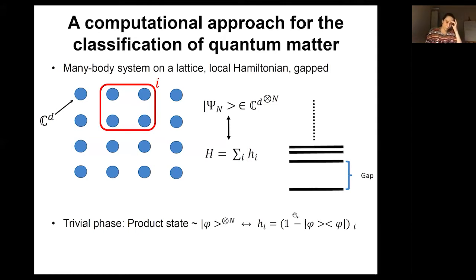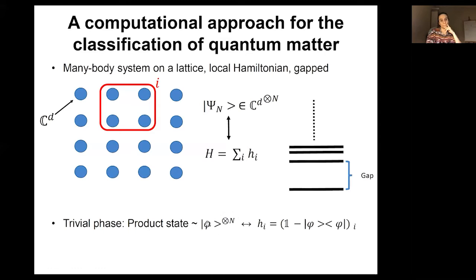When we want to classify things, whatever they are, we need an equivalence relation, which I will come to in the next slide. But let me first define what we want to call a trivial phase. A trivial phase is what we label by a product state, which in quantum information is a state that has no entanglement at all. At every point we have a state phi, and there is no entanglement between any points.